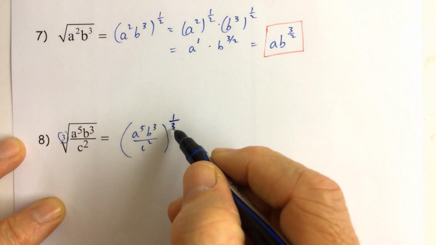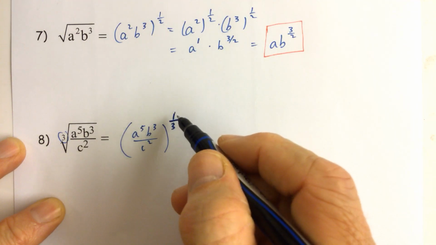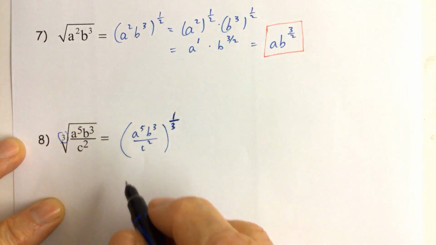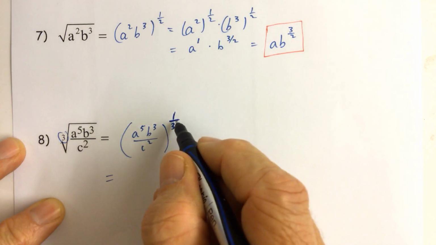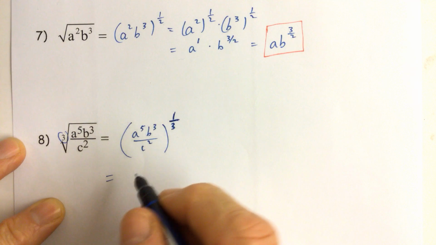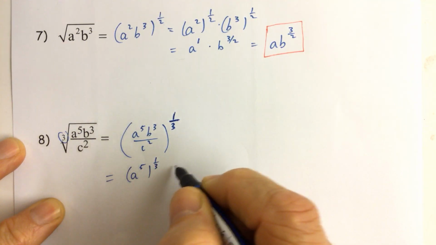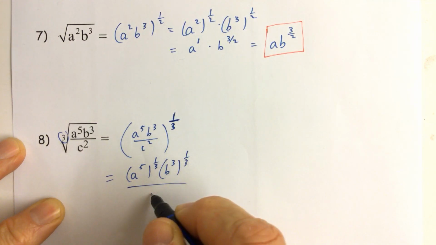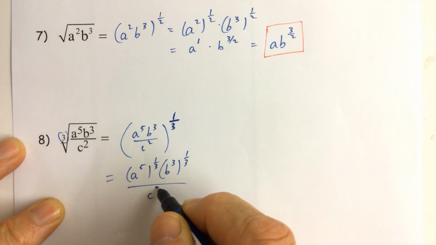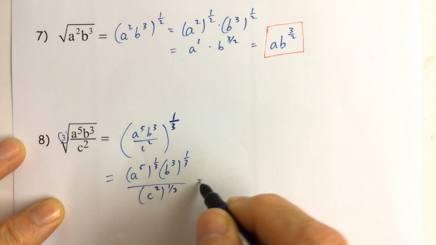So the 3 is downstairs, and if there's no other variable or exponent, we just have a 1. So we have a to the 5th, b to the 3rd, and then over c squared, all to the 1/3. So that means that all 3 of those get raised to the 1/3 power. So a to the 5th, b cubed, as well as c squared get raised to the 1/3 power.